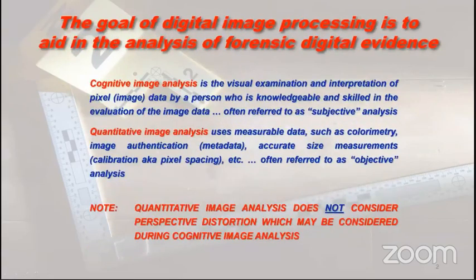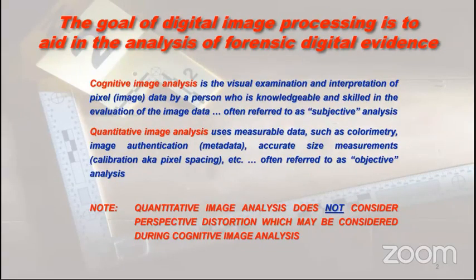So when we get into the digital imaging process, we have two types of analysis that we are generally concerned with. One is the cognitive image analysis, which is the visual examination and interpretation of the actual image data. This is what is probably commonly referred to as subjective analysis.